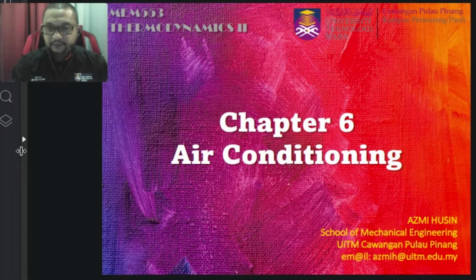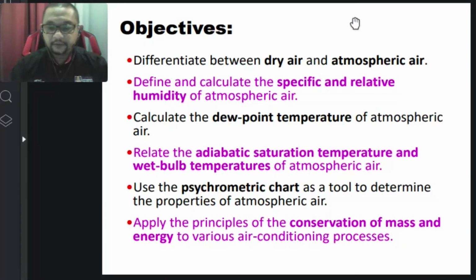Okay, today we will continue with air conditioning, and the objectives that you have to obtain are, number one, you should be able to relate the adiabatic saturation temperature and wet bulb temperature of atmospheric air.